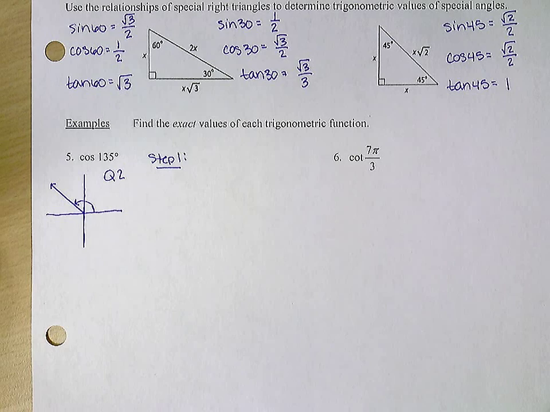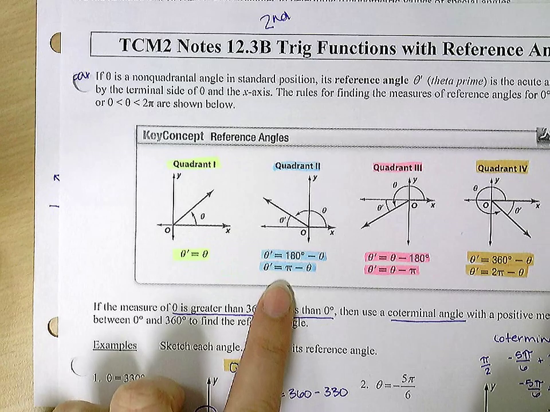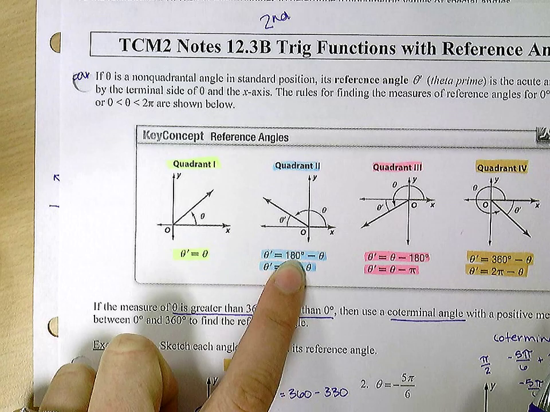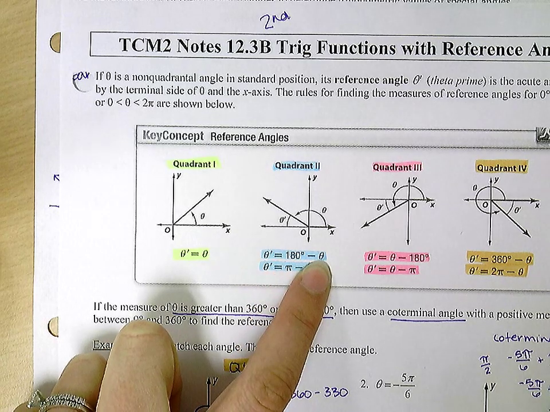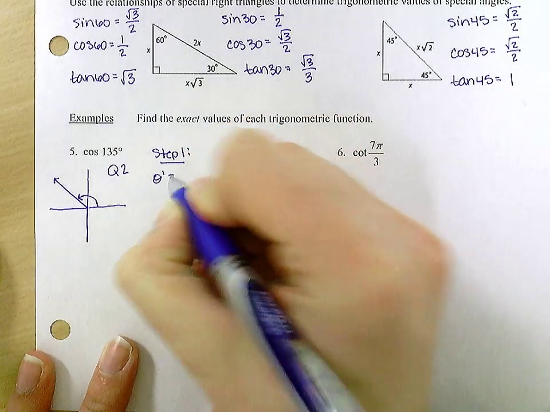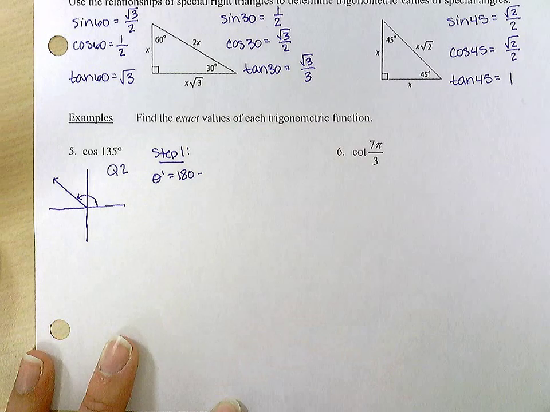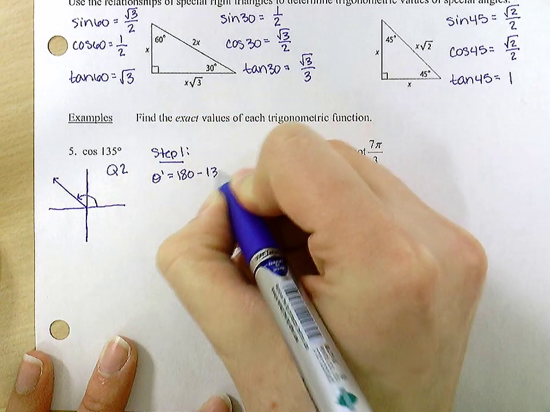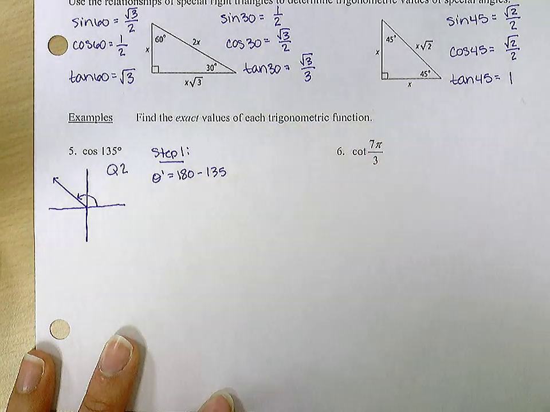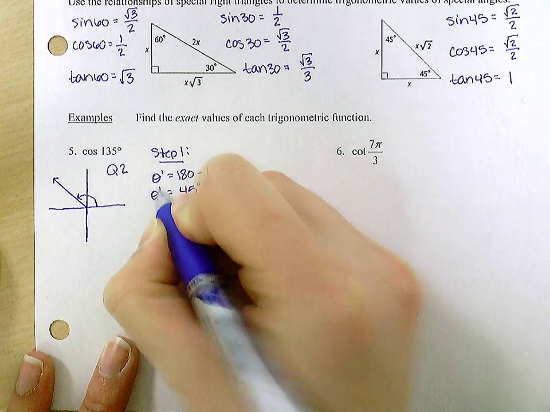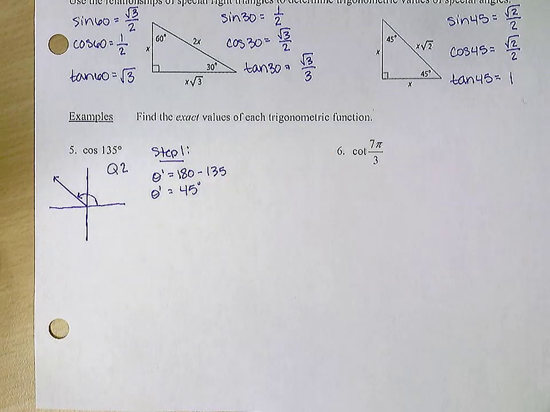Now since we're in quadrant 2, to find theta prime, we need to take 180 minus our original theta value, which is 135. So theta prime will be 45 degrees.